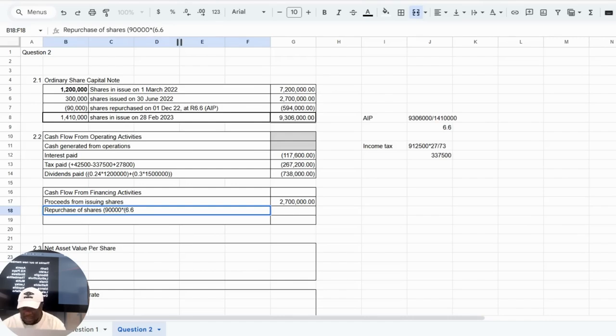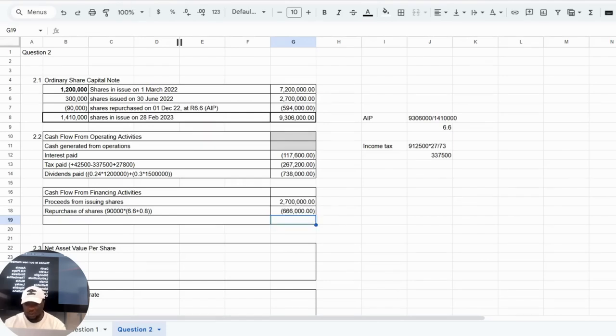So we're going to multiply by 6.6 plus 0.8 because we repurchased these shares at 0.8 above the average issue price. So then it's going to be 90,000 multiplied by 6.6 plus 0.8, which is about 7.4. So 90,000 multiplied by 7.4 will then give us 666,000. All right, cool.